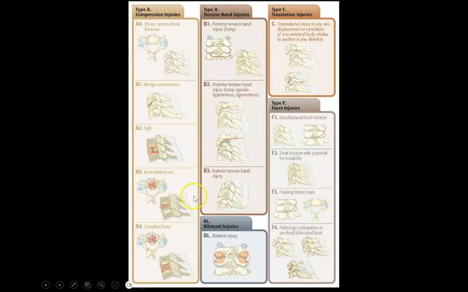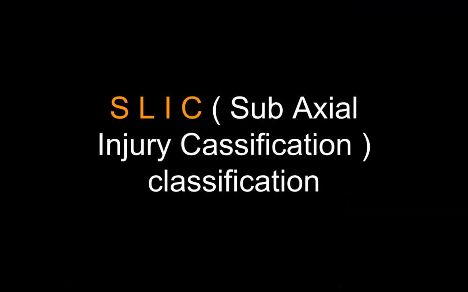For example, if we have fracture appendage is A0 and we have disruption of the anterior longitudinal ligament with B3, and there is a small fissure in the facet, it's F1. You understand the concept.